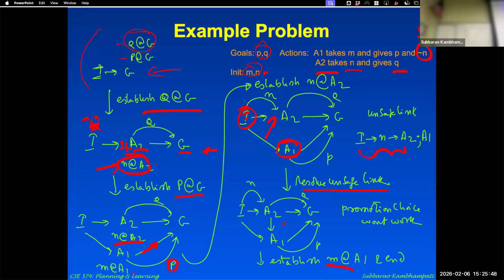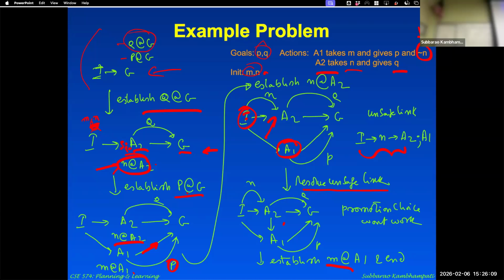You can say A is necessarily before B if there is an actual ordering link saying A must come before B somewhere, not contiguous, just before B. But A can still possibly come before B if, in fact, you have something like A here, B here, and this is infinity.